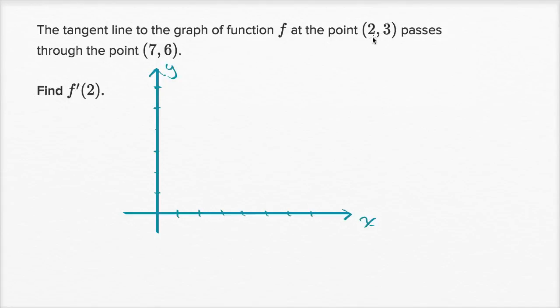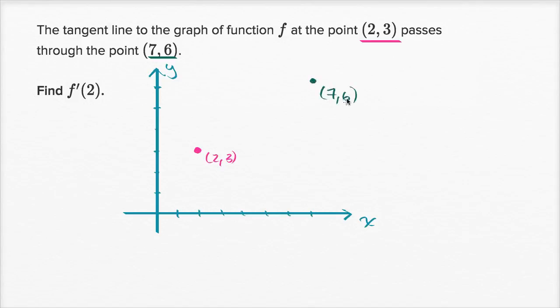Now we have the point (2, 3), which is right over there. And we also have the point (7, 6), which is going to be right over there.